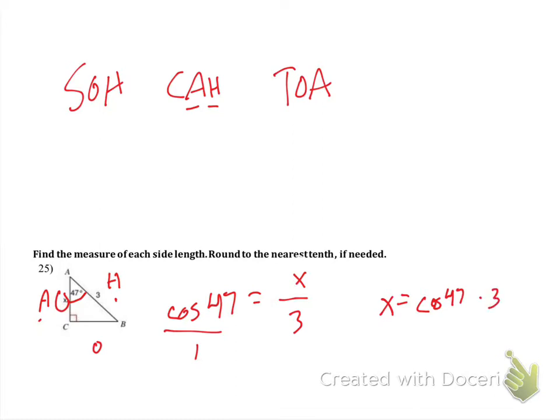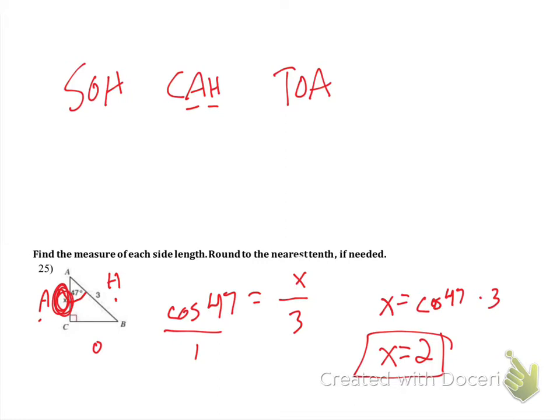In my calculator, I do cosine 47, close parentheses, times 3, and I get 2.04599. To the nearest tenth, it would just be 2. X is equal to 2. And that's just finding this length right here.